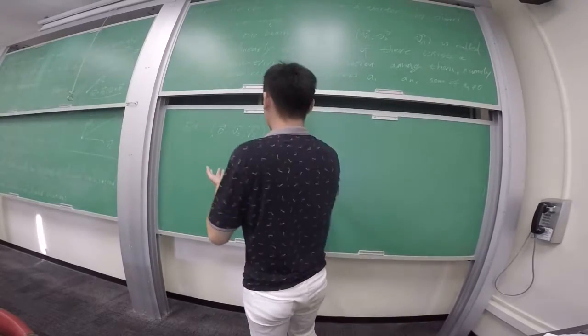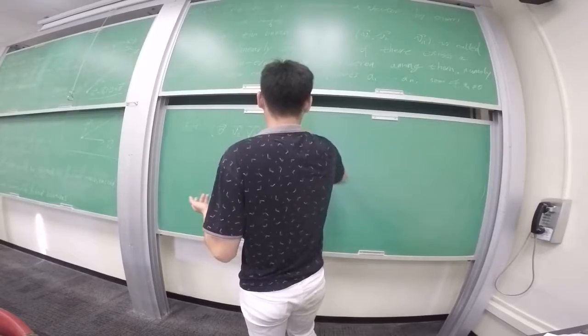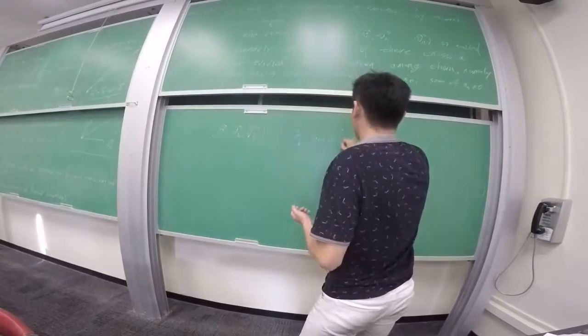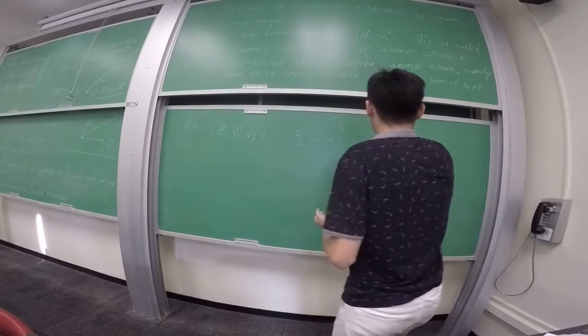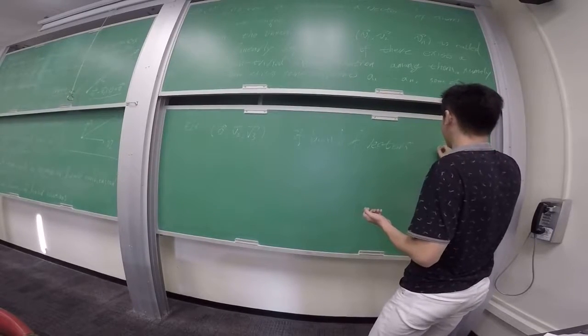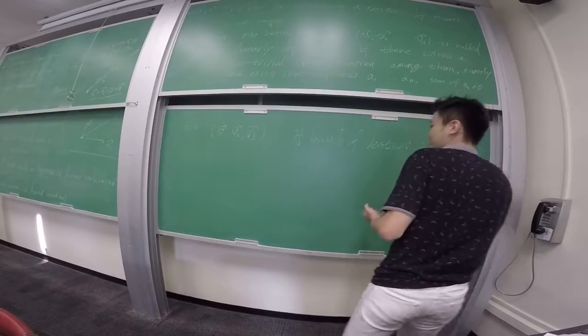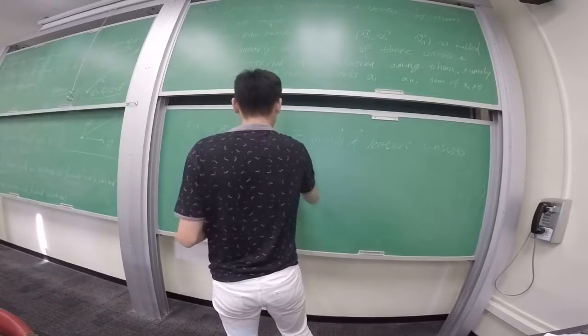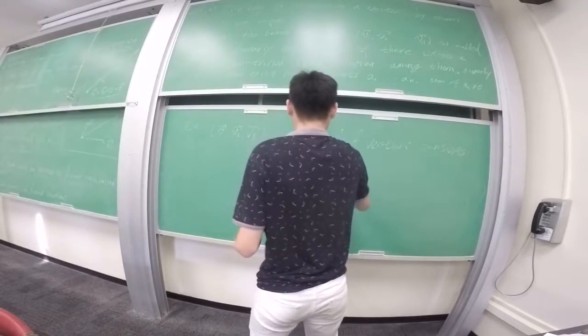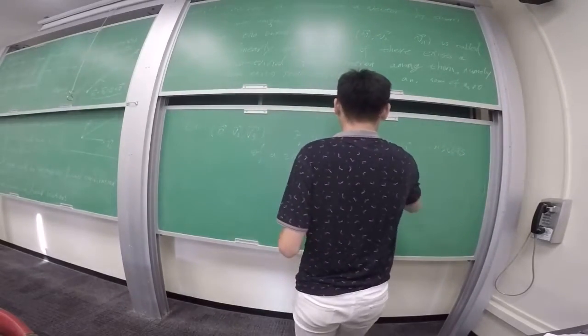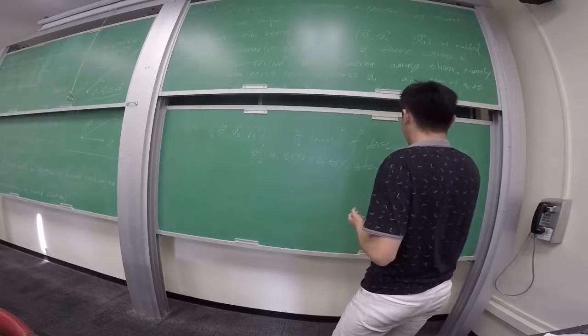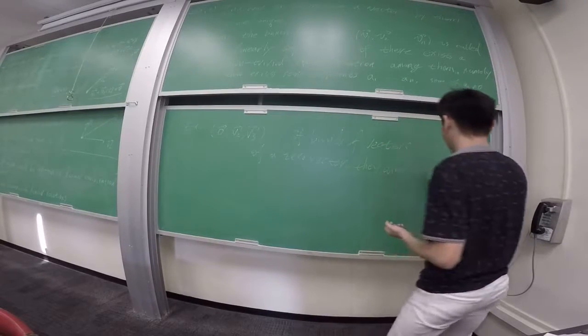So if a bunch of vectors consists of a 0 vector, they are always linearly dependent.